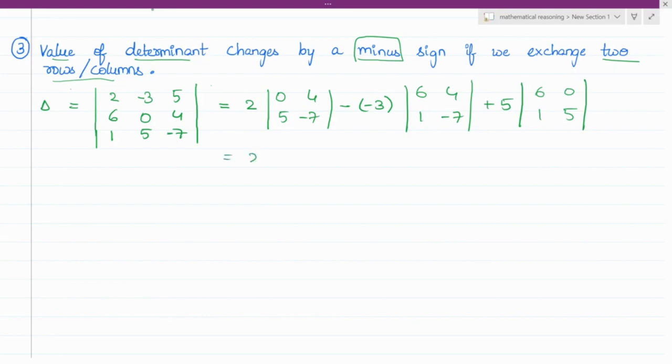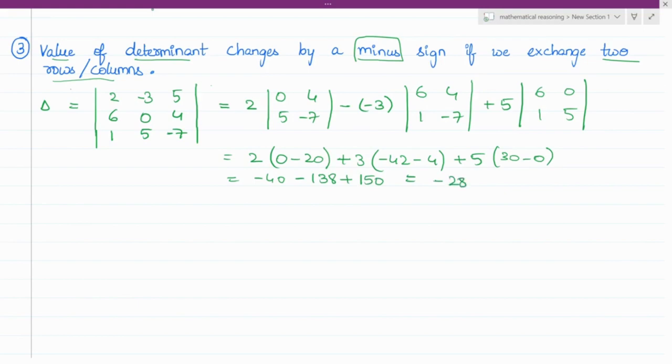Let's simplify this: 2 into 0 minus 20, it becomes plus 3, 7 times 6 are minus 42, minus 4, plus 5 into 30 minus 0. So it becomes minus 40, minus 138, plus 150. So we get minus 28.